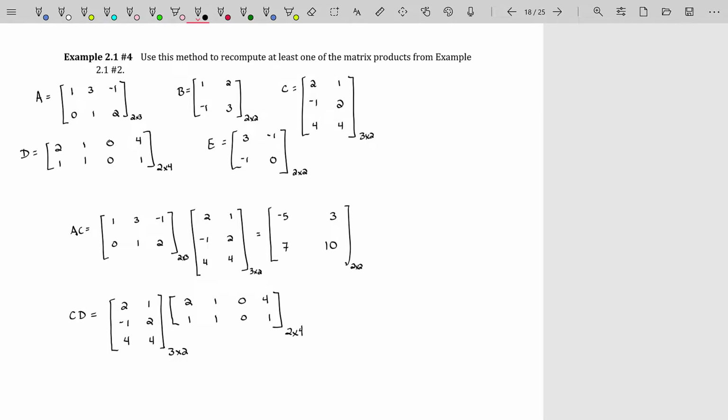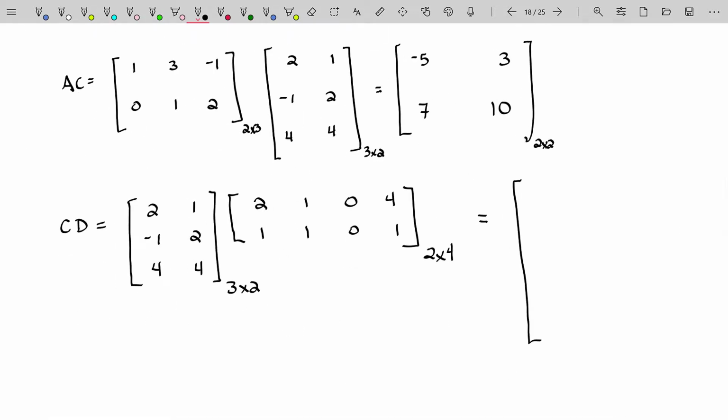The result will be a 3 by 4. So I'm putting in a big bracket there because it's going to be a larger matrix. And then I go through and actually do my row times columns, right? Row 1, column 1, that's 4 plus 1 or 5. Row 1 times column 2, that's going to be 2 plus 1, which is 3.